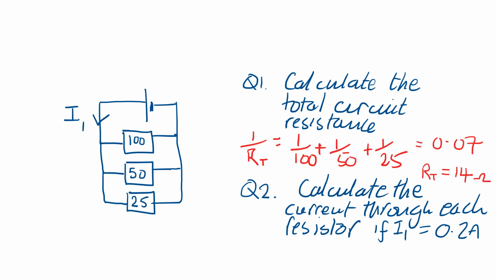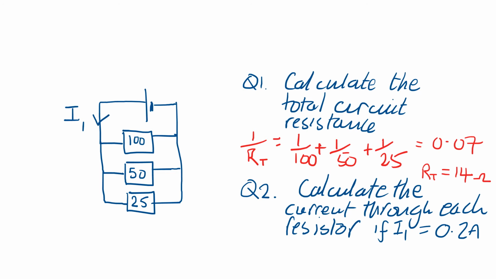So for the first part, we're using 1 over RT equals 1 over R1 plus 1 over R2 plus 1 over R3. And we should find we get a value for 1 over RT of 0.07, and then for RT it's 1 divided by 0.07 equals 14 ohms.